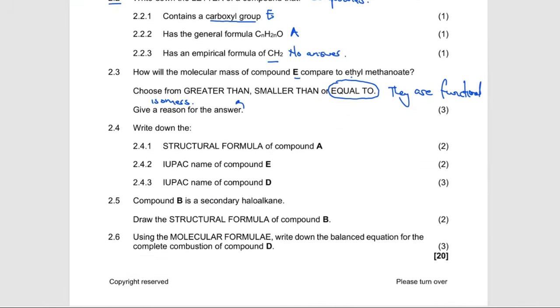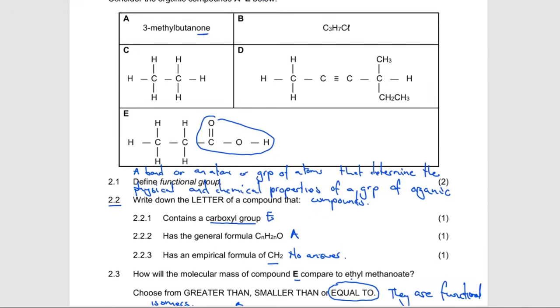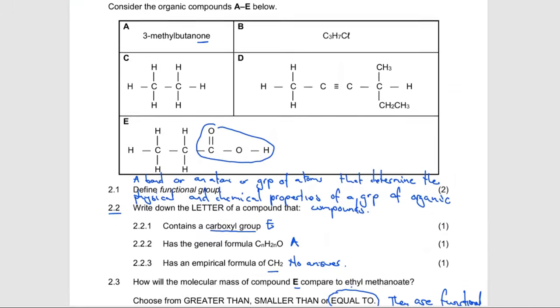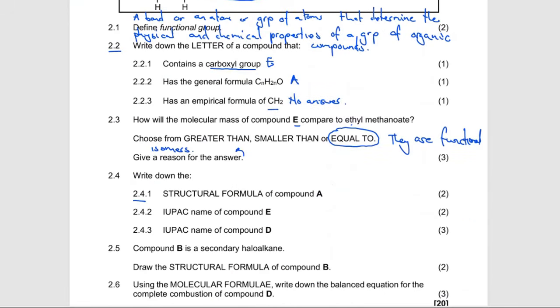So now it says write down 2.4.1, the structural formula of compound A. If we look at compound A, it is 3-methyl butanone, so it is a ketone. The but refers to 4 carbons. So for the structural formula of compound A, I'm going to have the longest chain with 4 carbons: 1, 2, 3, 4.